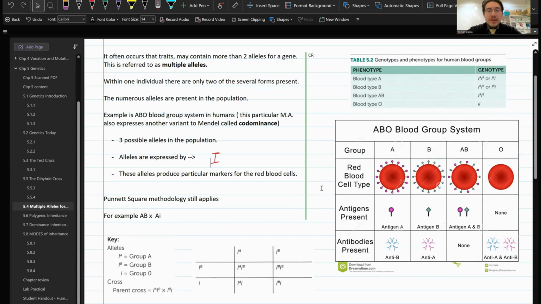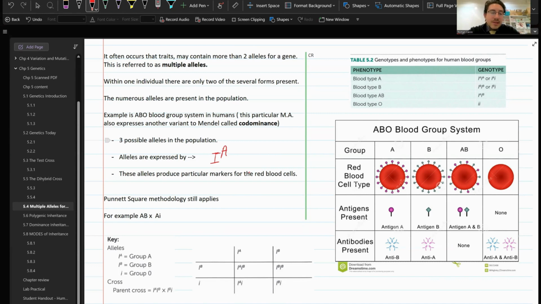Any individual that has this particular allele would have the letter I, denoted by this particular allele, so this individual will have the A blood type. Now remember that alleles work in pairs because of the homologous pairs.